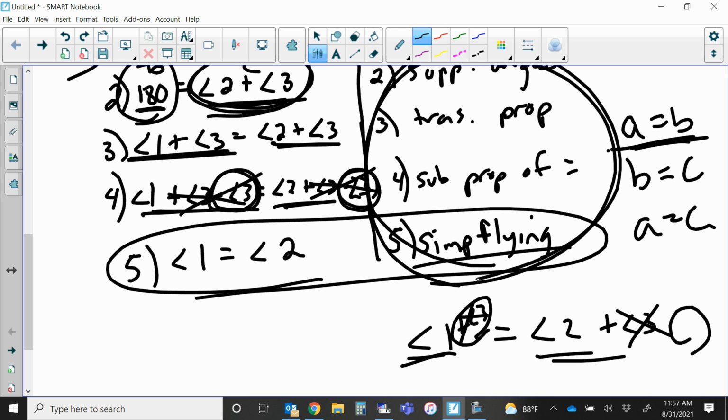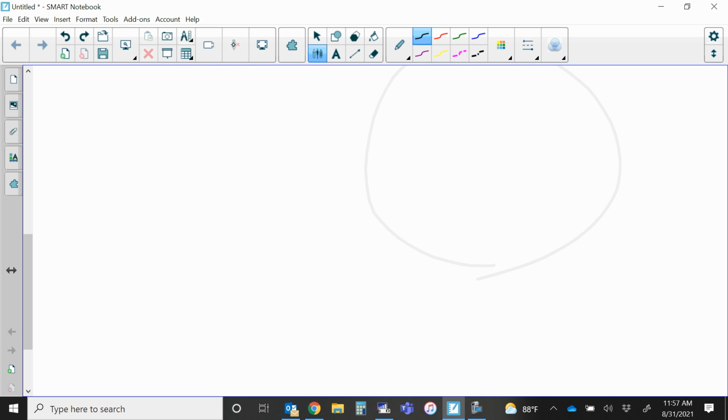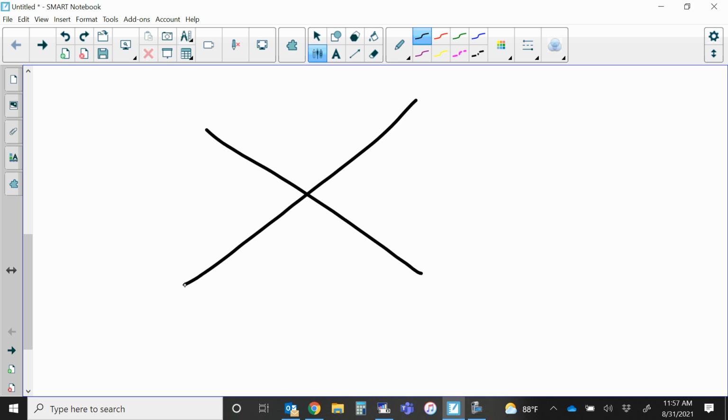So now that I proved that vertical angles are true, guess what we're allowed to use in a proof from now on? If I asked you something about these angles, and I had a proof up there, guess what you're allowed to say about angle 1 and angle 2? Why are 1 and 2 congruent? Because we've proved it, you can actually now use it in a proof.